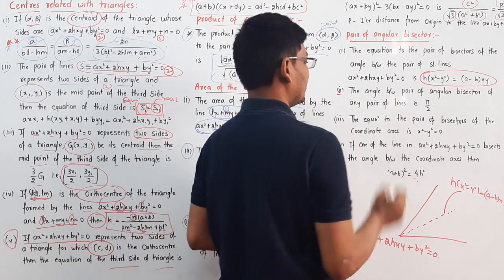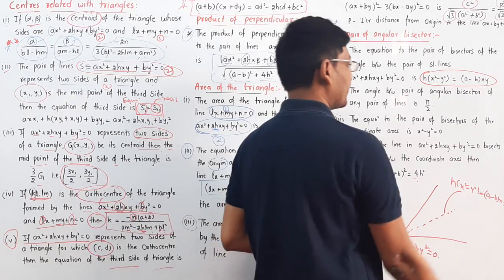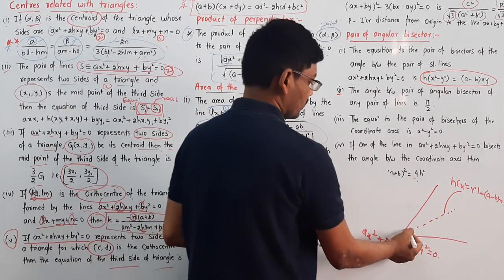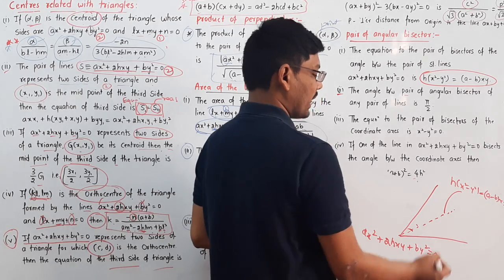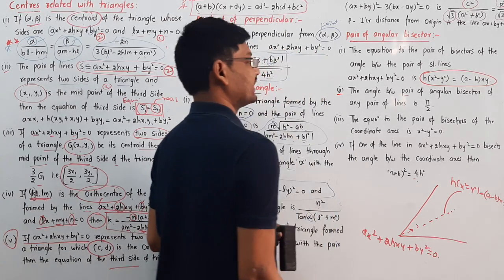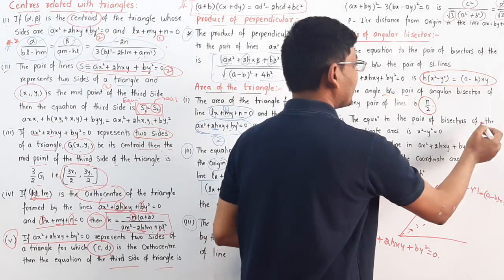The next point is that the angle between the pair of angular bisectors is always pi by 2, that is 90 degrees.